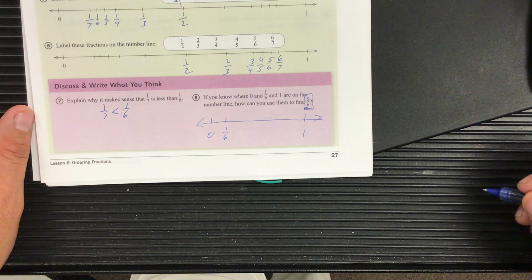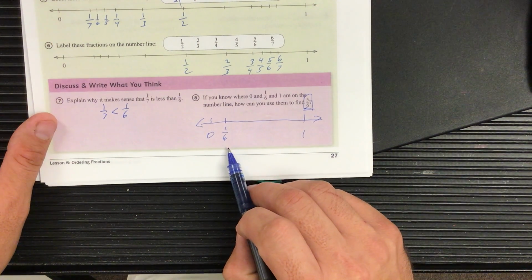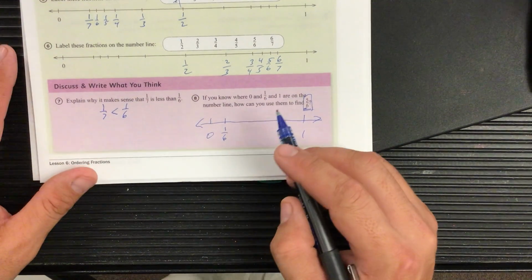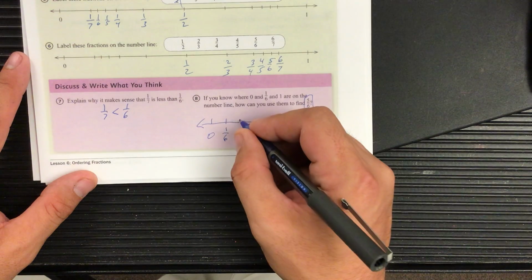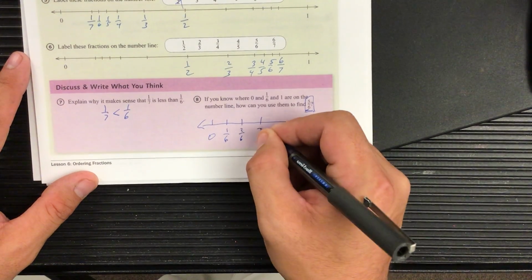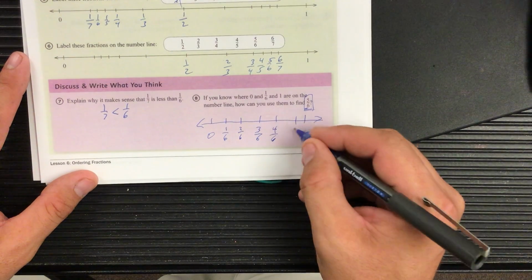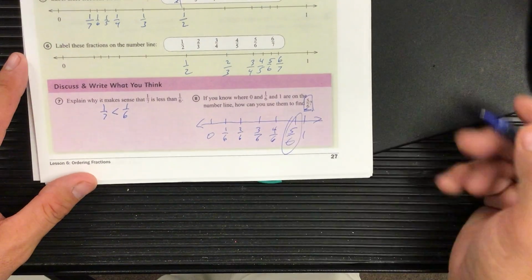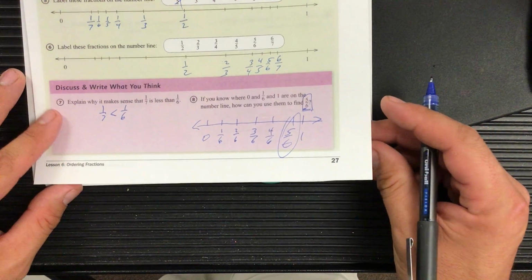Yeah, so if this is 1/6, what would the next mark be? What's after 1/6? 2/6. And then 3/6, which is a half. And then 4/6. And then 5/6. Can tell you how many spaces there are.